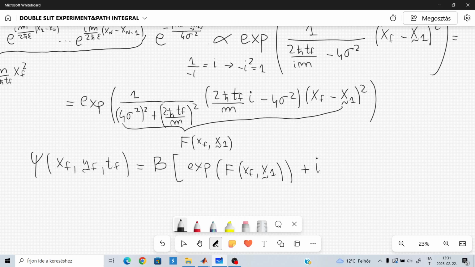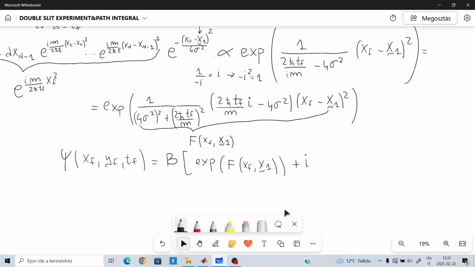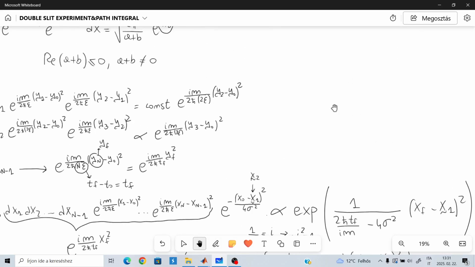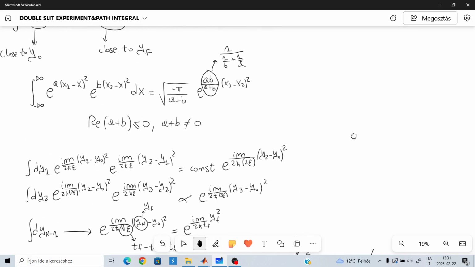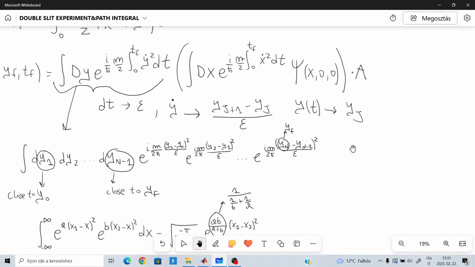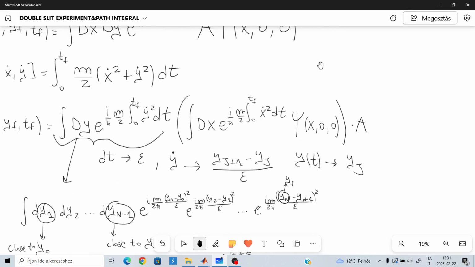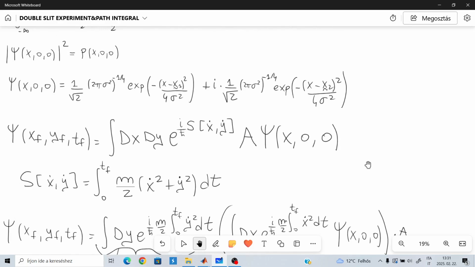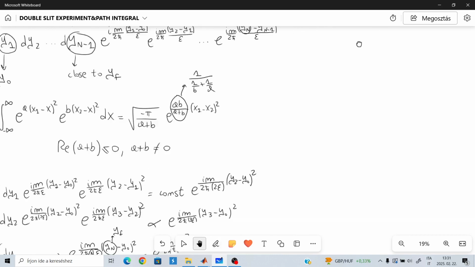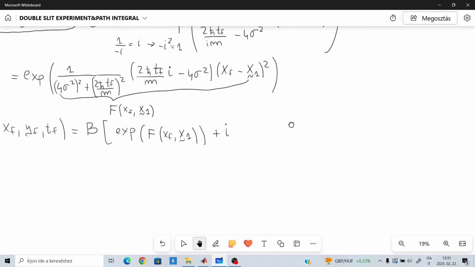And then we have plus I. This factor of I, remember, comes from the fact that the second Gaussian term in the initial amplitude, it's here, this second Gaussian is multiplied by I, and I will keep it there because it's simple.